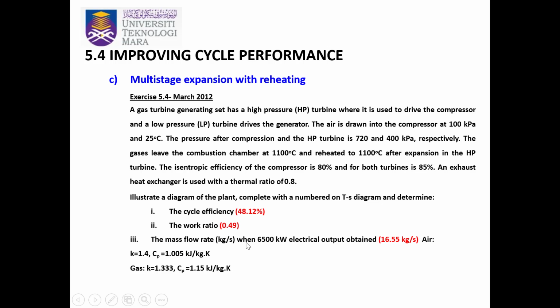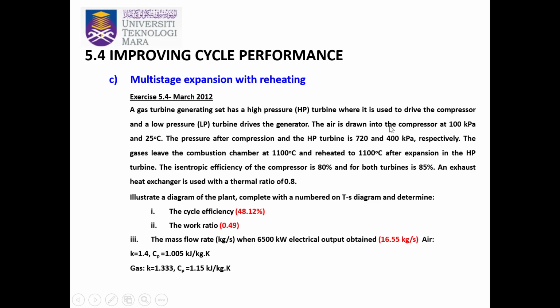So mass flow rate when the electric output obtained. Okay, so dia electric output obtained ni from mana obtain electric output? So daripada high pressure dan juga low pressure turbine lah. Okay, so dekat sini kata respectively. Okay, the pressure and expansion in turbine.